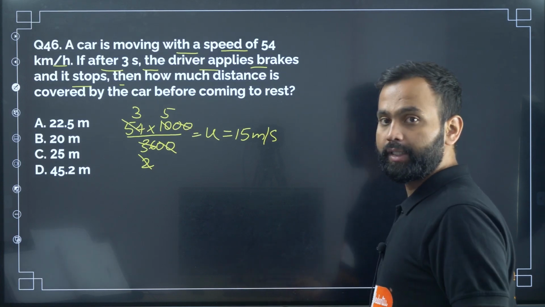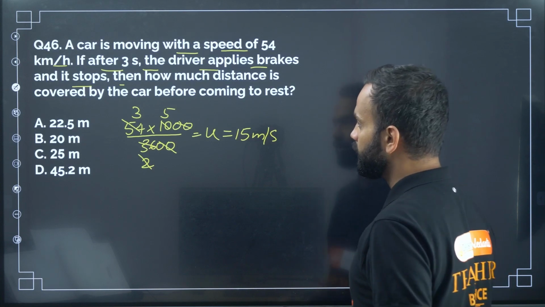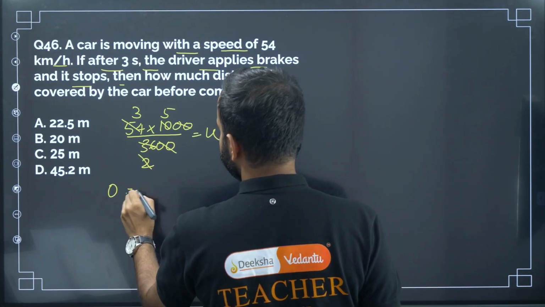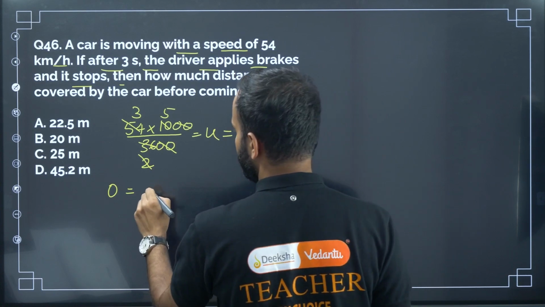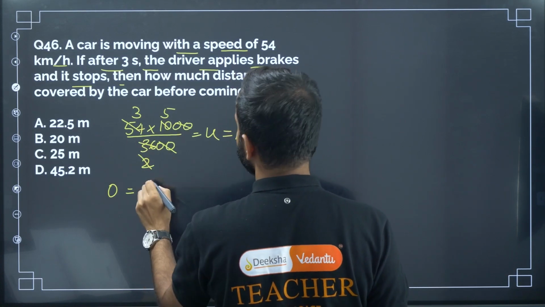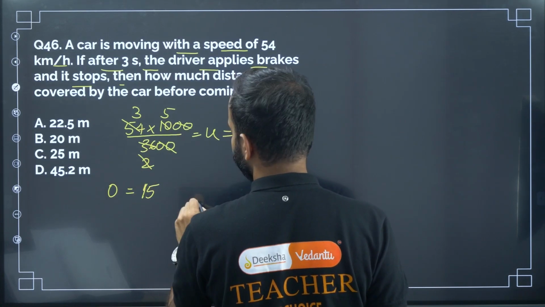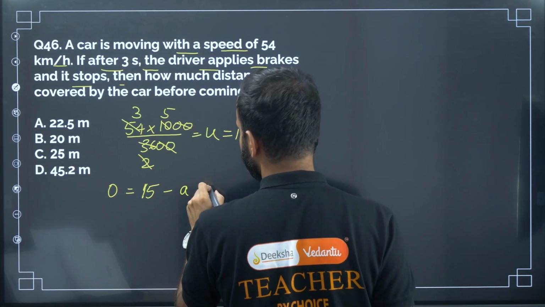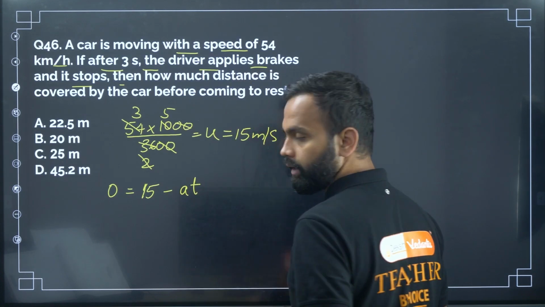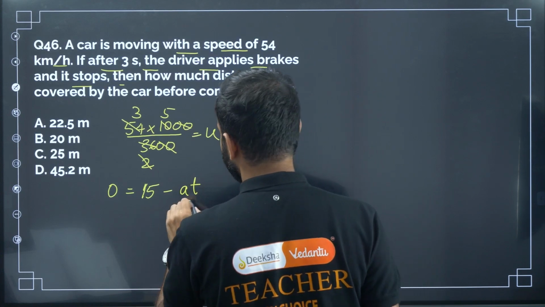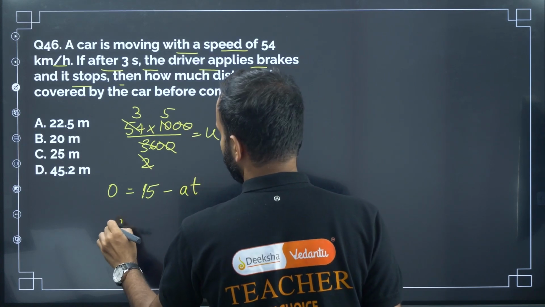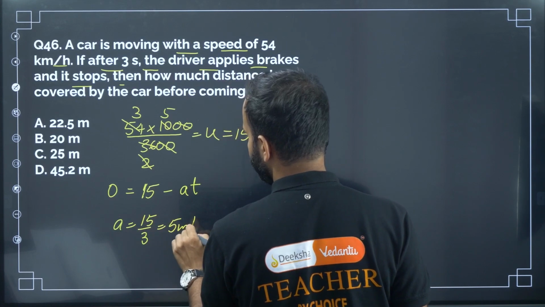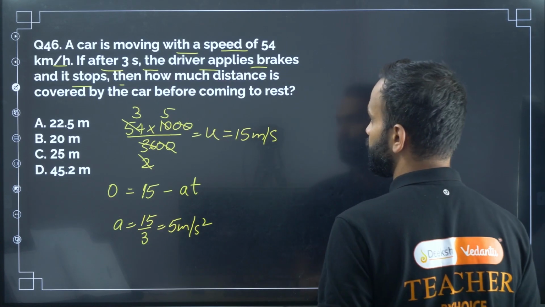So 0 is equal to the initial velocity 15 meter per second minus A, the deceleration, into time t. Apply the first equation of motion. t is 3 seconds. So A equals 15 divided by 3, which is equal to 5 meter per second square. Deceleration is 5 meter per second square.